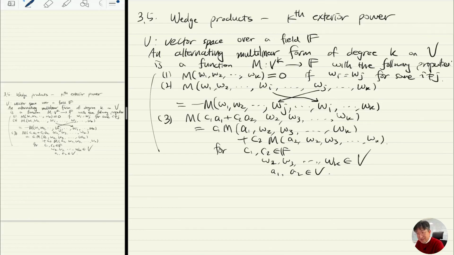The third condition says it's multilinear, and the first and second conditions say that it's alternating.